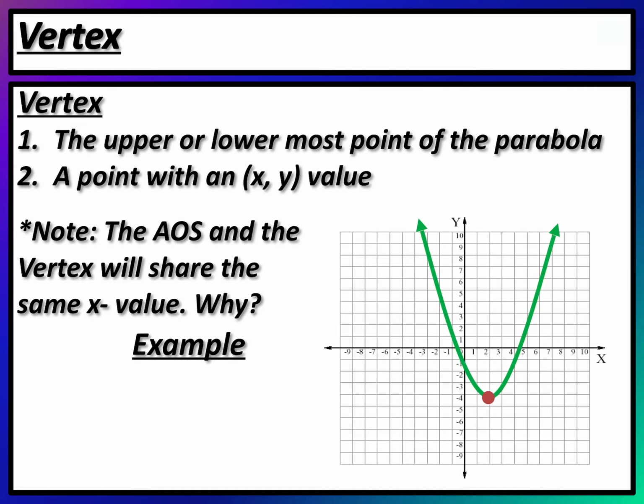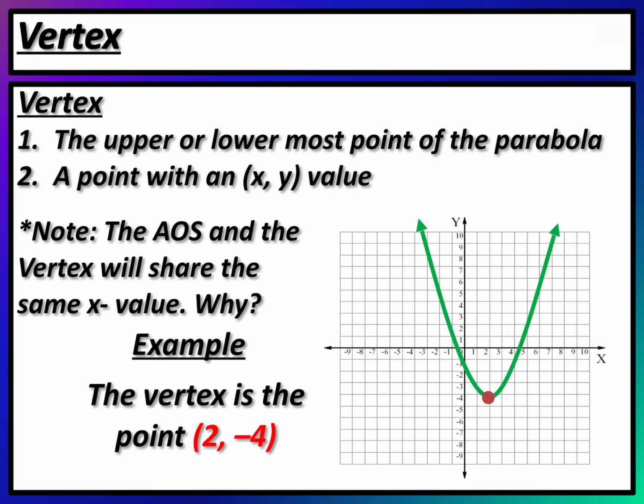So if I show you this graph, the vertex is that red ordered pair. And we saw the axis of symmetry before, that cuts through the middle of the parabola. So why will the axis of symmetry and the vertex share the same point? Because the vertex lies on the axis of symmetry.